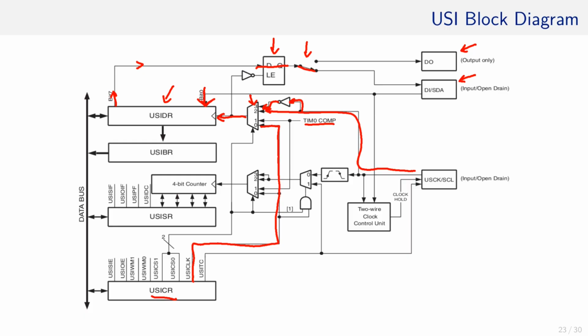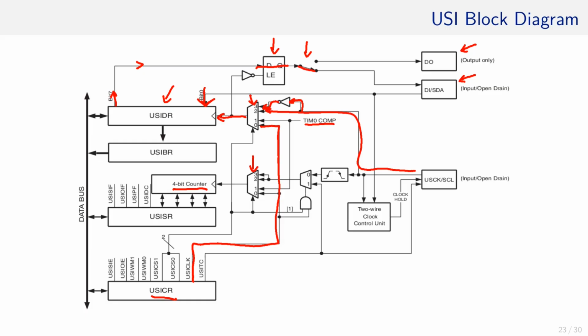Similarly, the multiplexer is connected to a 4-bit counter. Essentially, this 4-bit counter counts the number of edges. That means after the USI DR shifted out 8 bits or shifted in 8 bits, this 4-bit counter overflows, since 16 clock edges were necessary to shift 8 bits.